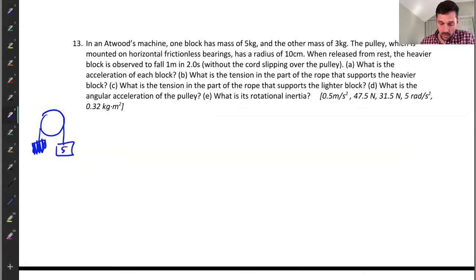Previously, if the mass of the pulley was 0, there would be nothing for this mass to be pulling against, and so it would just fall at gravity, 9.8 meters per second squared downward. But because it's got to exert a force on the pulley to get the pulley to go, the mass of the pulley is relevant. So let's dig in.